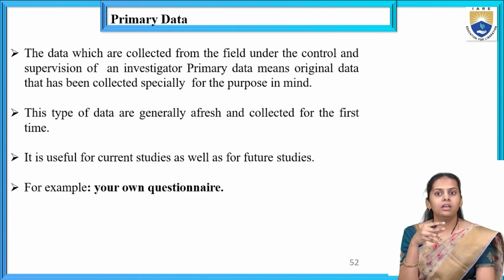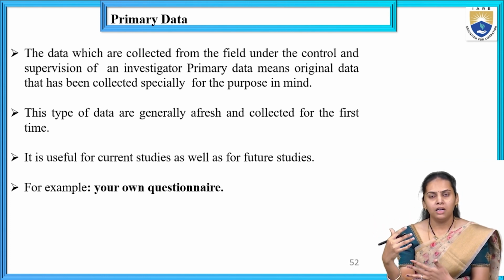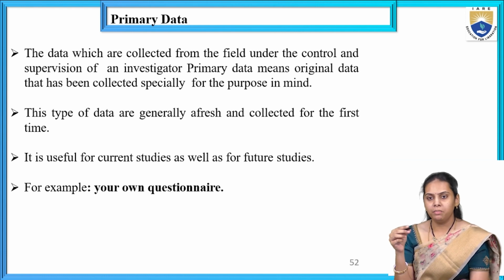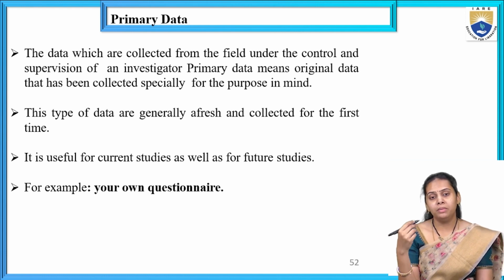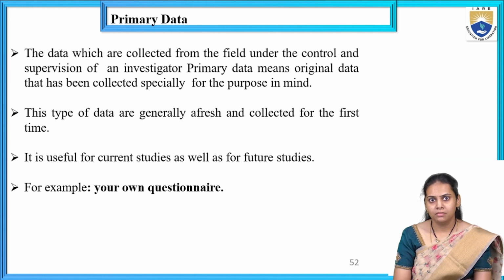For example, your own questionnaire. When I am listening to a lecture, I keep questions myself: why is this told in this manner? Is there any possibility to do it in another manner?